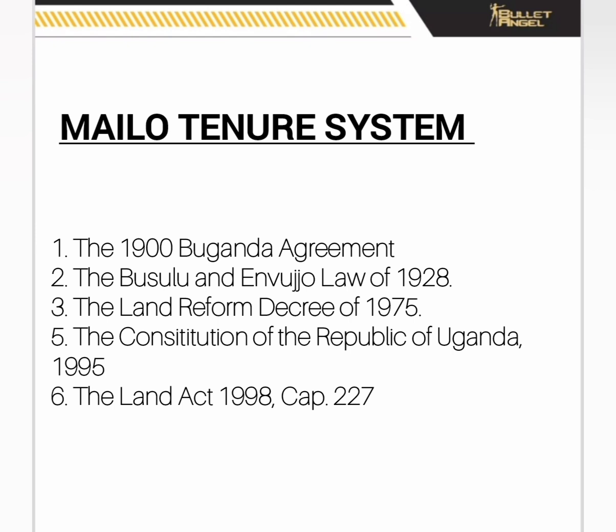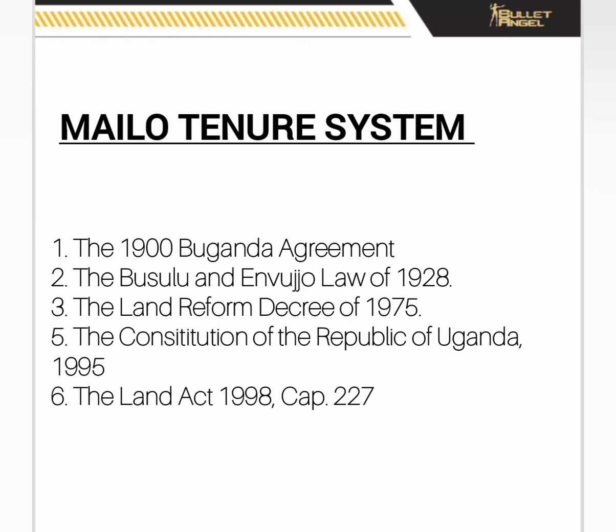So the Kibanja holders, or peasants who had settled on this land as tenants with the consent of the Mailo owner, paid Busuulu and Envujjo. Envujjo is commodity rent, while Busuulu is land rent, right? So in order to live on that land peacefully without challenges from your landlord, you had to pay Busuulu if you were a Kibanja holder, right?